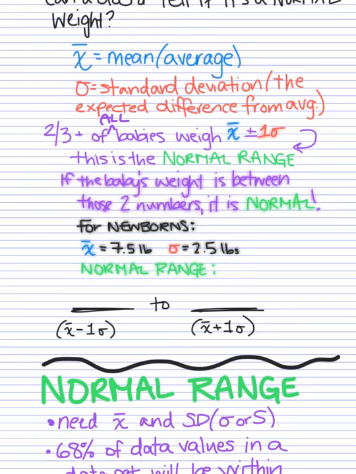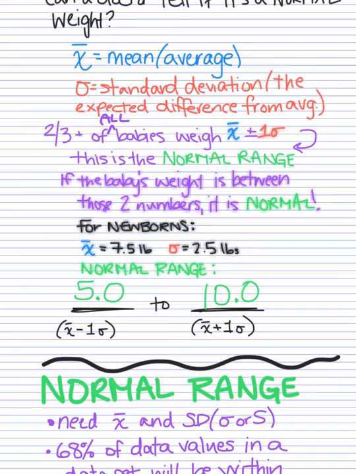So if we do that, we end up with 5.0. And then we're going to do something very similar, but instead of subtracting, we're going to add that extra standard deviation. So 7.5 plus 2.5, that gives you 10.0.